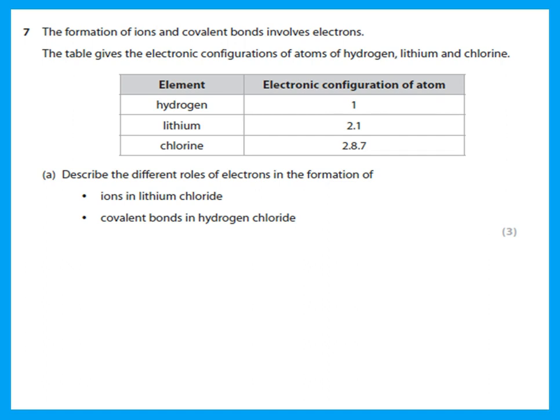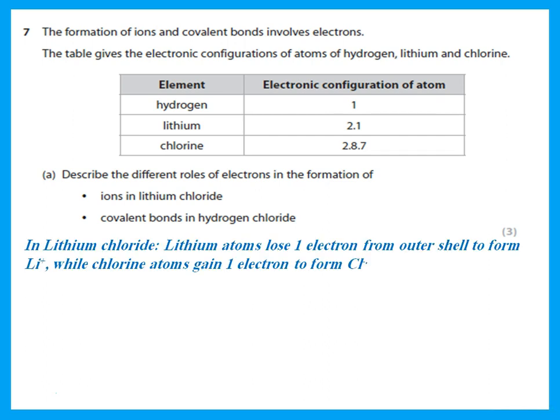Chlorine is a non-metal. It has 7 electrons in its outermost shell. That means we're doing an ionic bond. What happens is the lithium atom loses 1 electron from its outer shell to form lithium Li+, while chlorine atoms gain 1 electron to form Cl-.